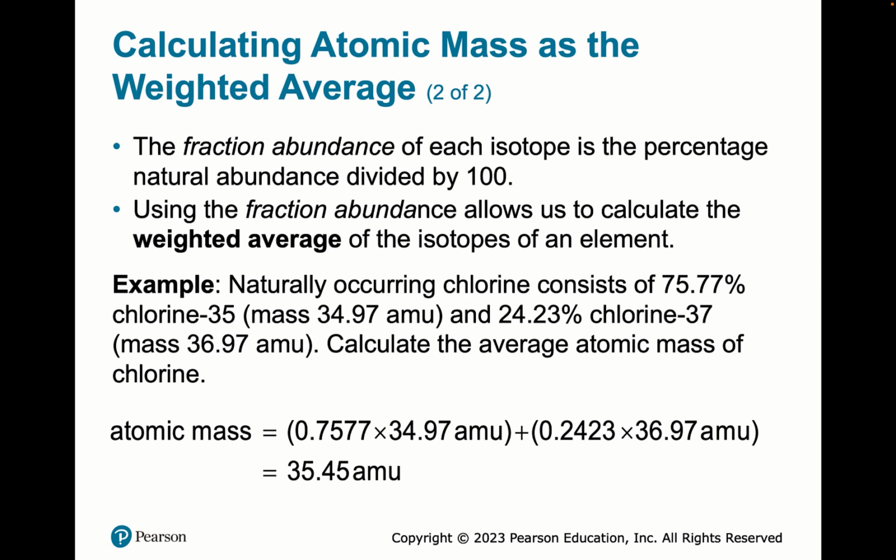Well, you take the fraction of chlorine-35, which is 0.7577, times the mass of that, 34.97 atomic mass units, plus then the relative abundance of chlorine-37, 0.2423, times 36.97 atomic mass units, and the total is 35.45 atomic mass units.